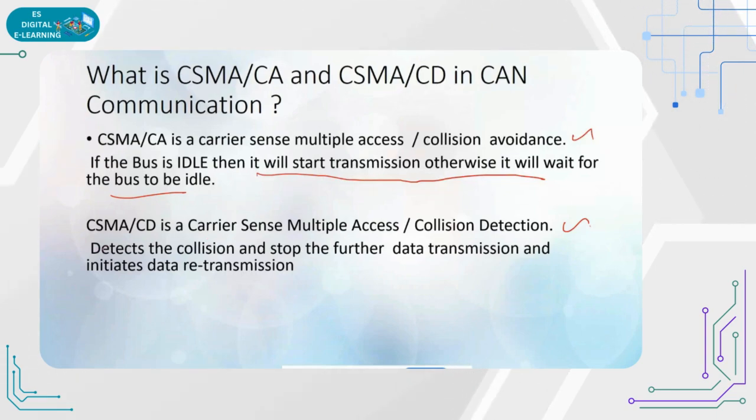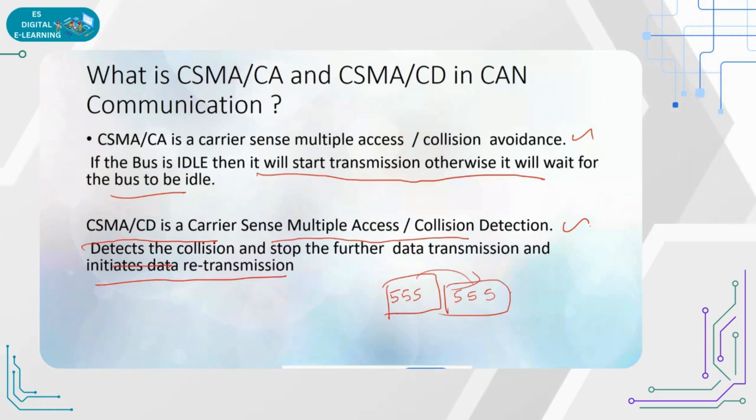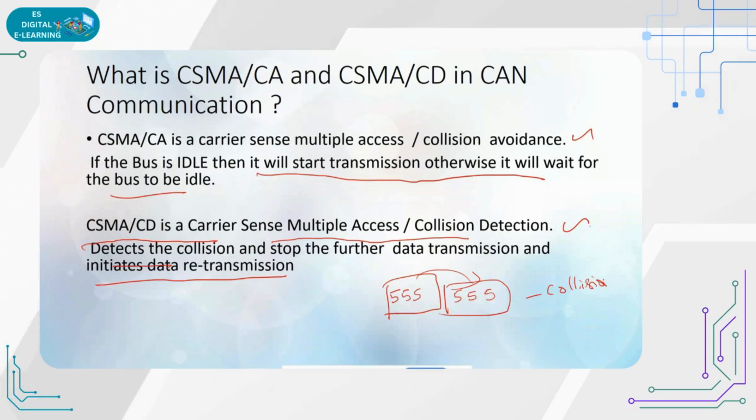Collision detection means it will detect the collision, stop the further transmission of the data and initiate data retransmission. Because, as I told you, we have the same identifiers. When you start transmitting the data, you will get a collision. Due to this collision, both data will be lost.